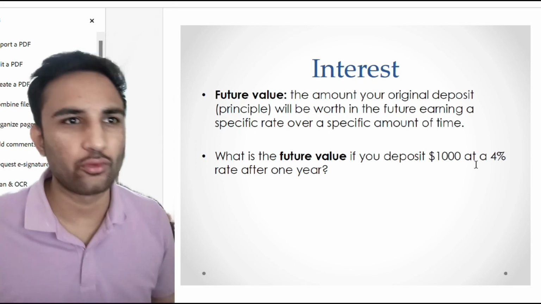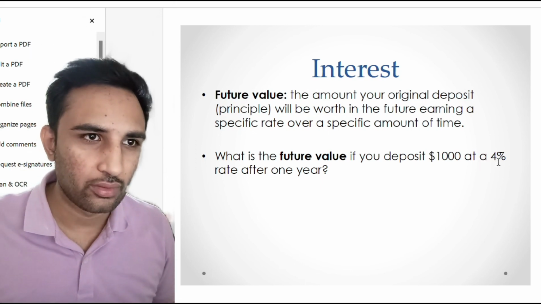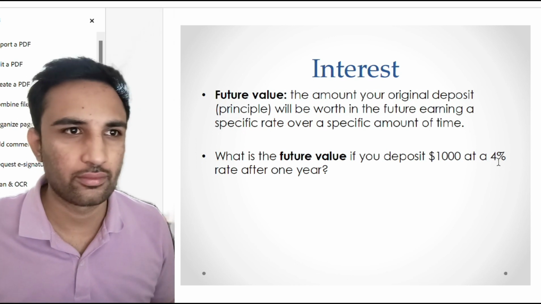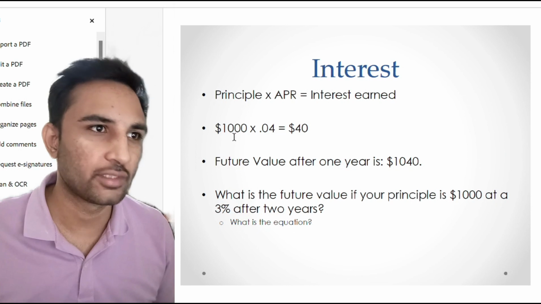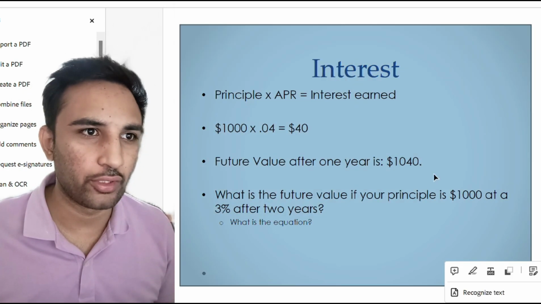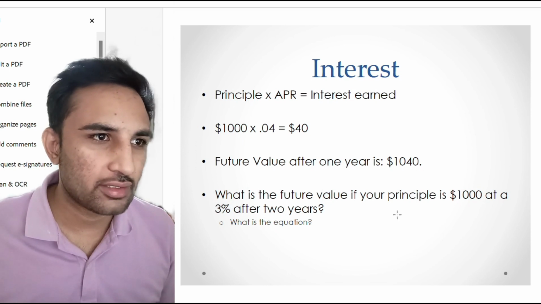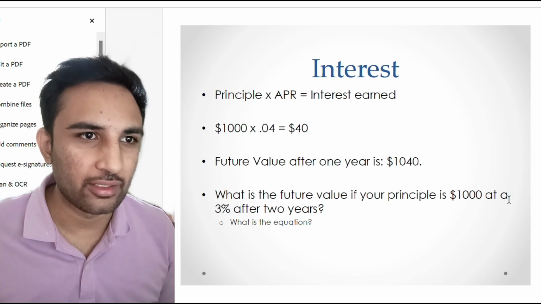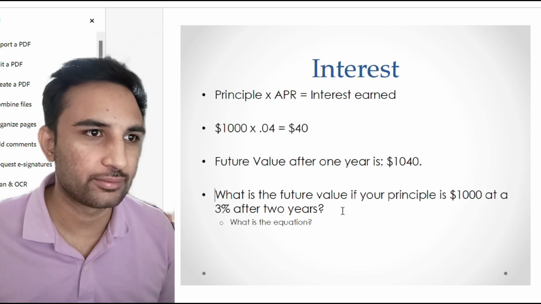So $1,000 at a 4% rate will be something around $1,040 after 1 year. Okay, right. So here you can see this is $1,040. Let's do one more. What is the future value if your principal is $1,000 at 3% after 2 years?